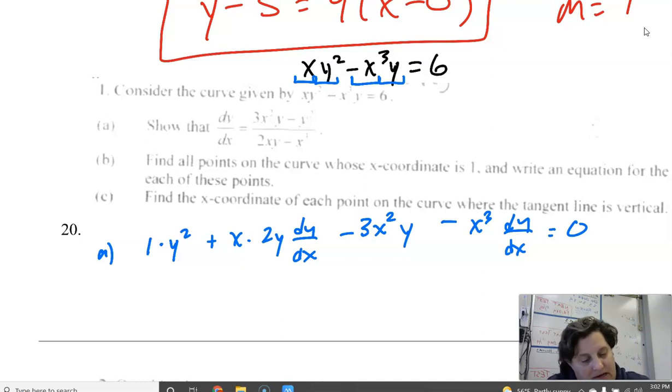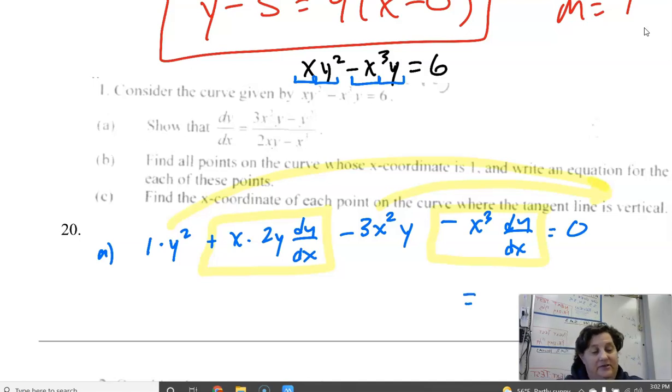Anything with a dy dx, I'm going to keep on this side. Anything without a dy dx, I'm going to send to the other side, and it's going to switch signs. So this will be minus y squared and plus 3xy squared.